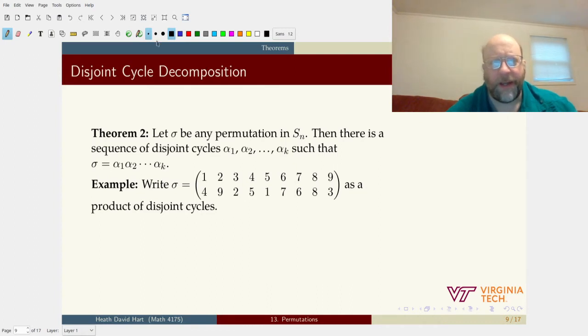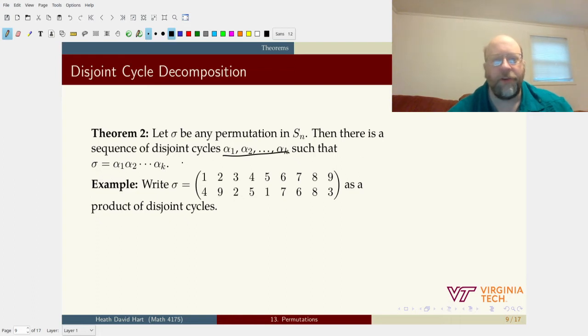Disjoint cycle decomposition. So if we have any permutation in Sn, we can break it up into disjoint cycles. So sigma is equal to a product of these disjoint cycles. The advantage of that is that the disjoint cycles commute. Sigma may not, but the individual disjoint cycles do.